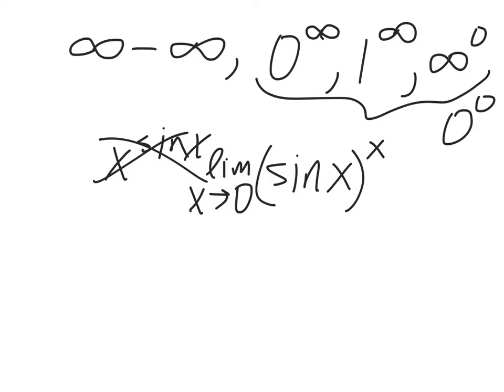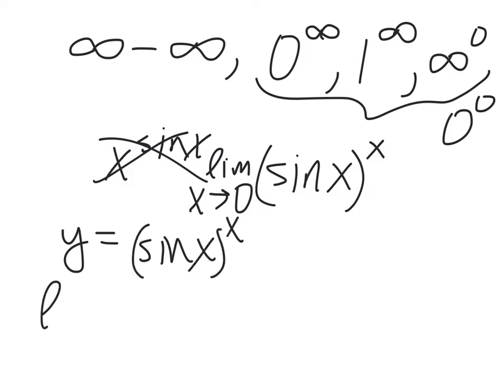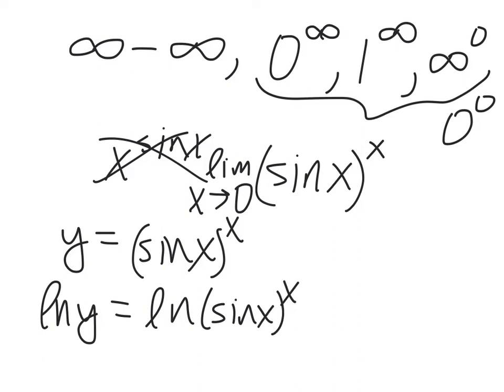Right. Now, the way I approach this is different from the way Professor Berger approached it, at least the beginning of it. The results are the same. But what I would do is say, let y equal this sine x to the x, and then take the natural log of both sides. Now for some of you this would work better, and then we pull the x out in front.